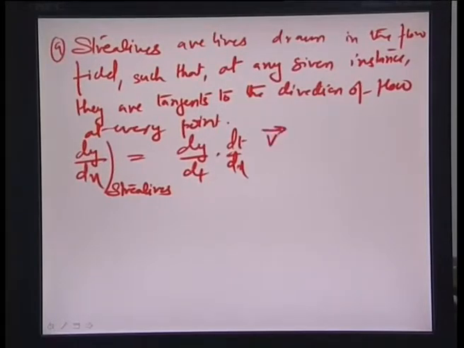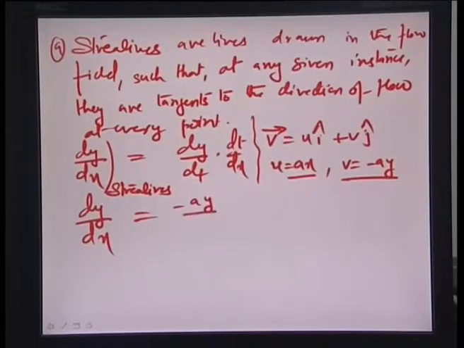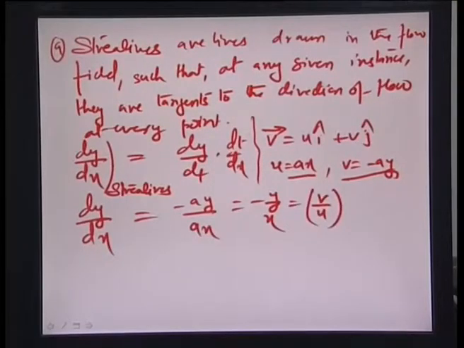The velocity is given as u i plus v j, where u is ax and v is minus ay. That is how the velocity is defined in the problem statement. Therefore, dy by dx for the streamline is nothing but minus ay by ax, or minus y by x. Typically it is v by u. That is exactly what this equation says.